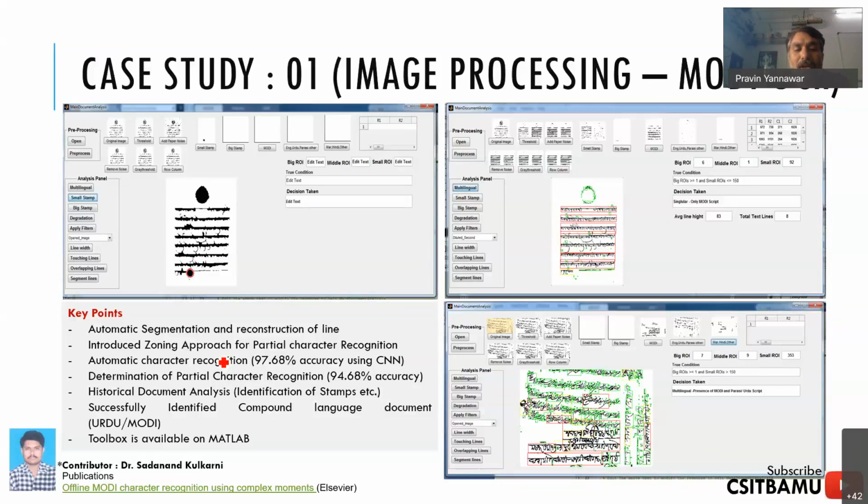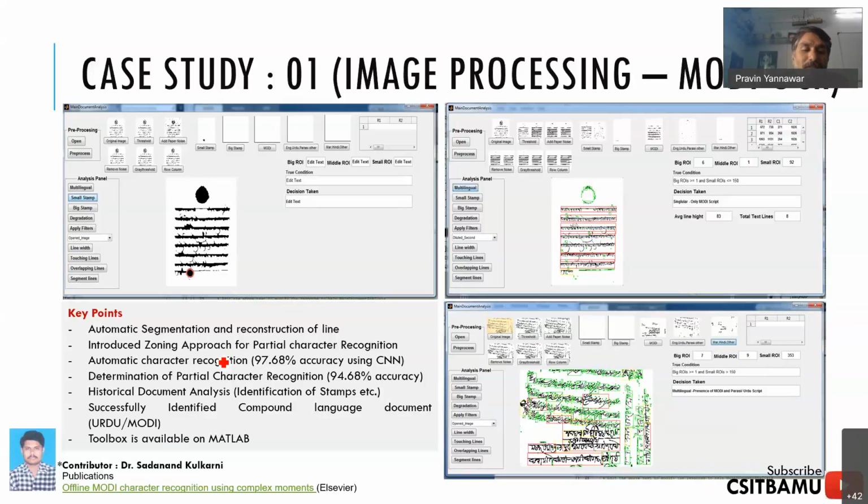We have gone for historical document analysis, particularly identifying where exactly the stamp is, so stamp identification is also done. Then, if a historical document contains both Urdu and Modi together, can we distinguish that Urdu is there and Modi is there?